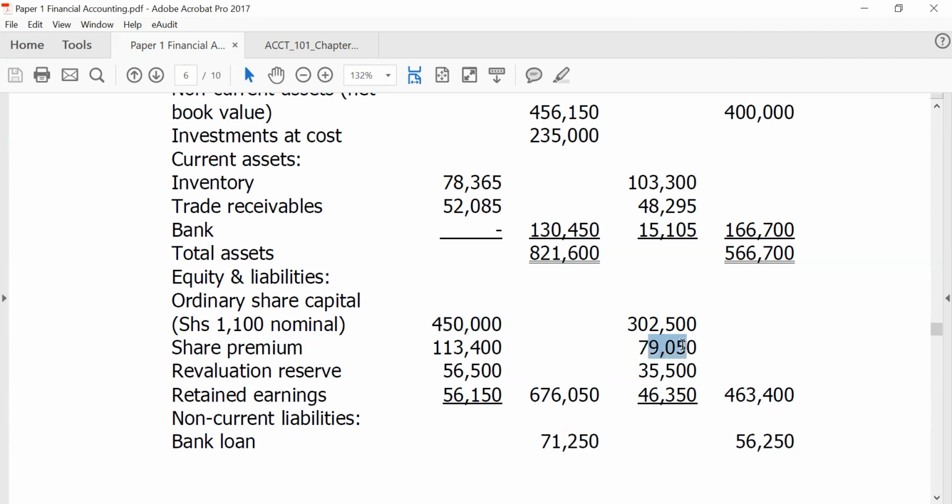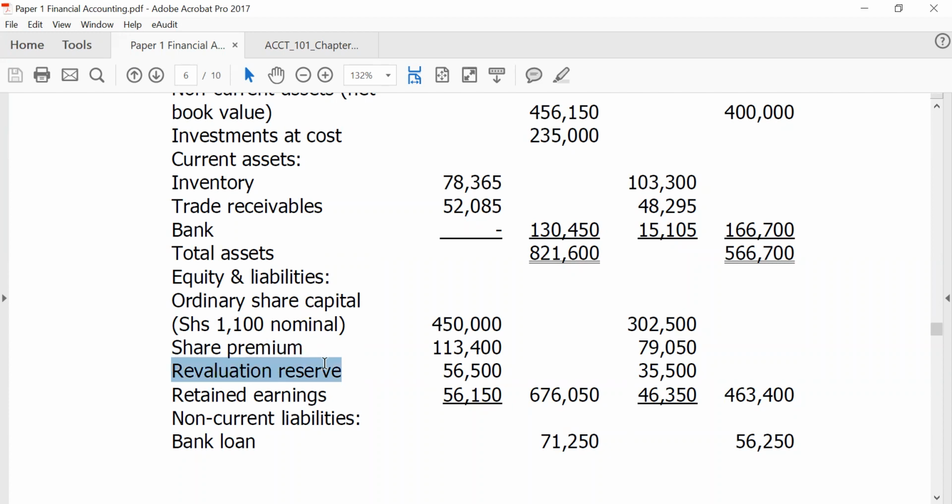For share premium, we have 79,050, and then we have 113,400. I believe that right now we know what share premium means. Share premium comes up when we sell shares at a price that is higher than the nominal value. So we shall see how that comes in.